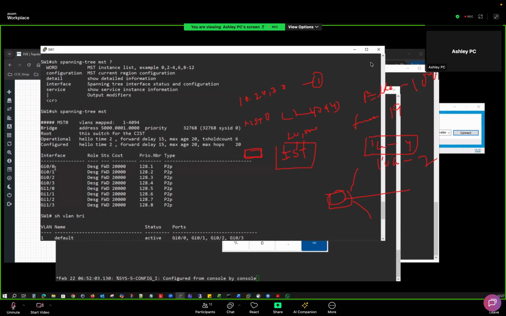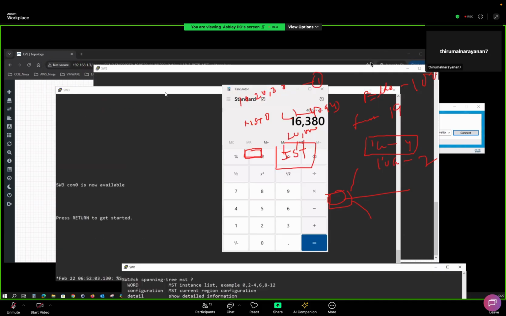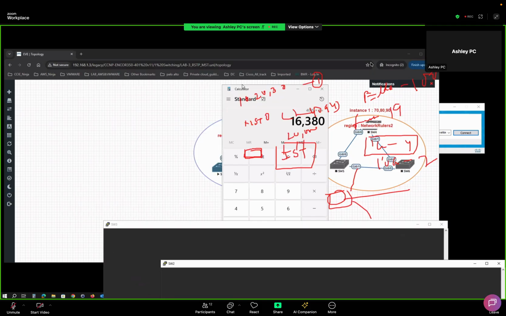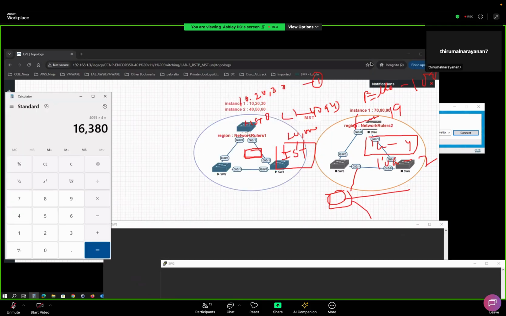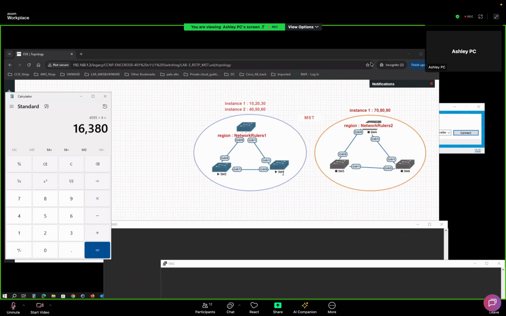because the cost which they define is involved when we have a root port calculation. Yes or no? When we have a root port calculation, then a cost is associated over there. Yes or no, guys? Is there a cost anywhere associated with that apart from the root port?